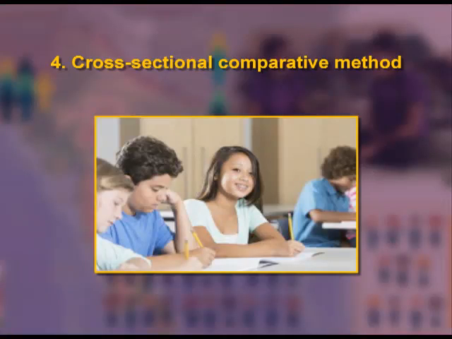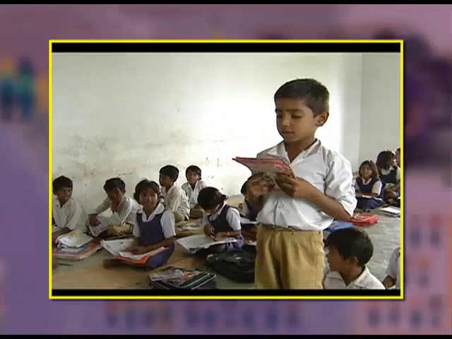Fourth, cross-sectional comparative method. This type of method focuses on enabling data that can compare two or more social settings or groups, usually at a broad level at one particular point in time.